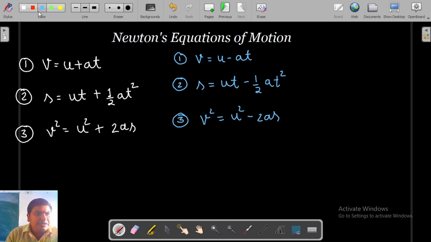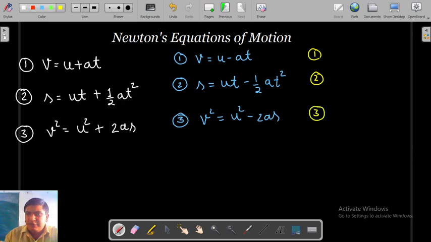These same equations can also be represented in form of or under the motion of gravity. Suppose an object is freely falling, means it moves under the gravity.